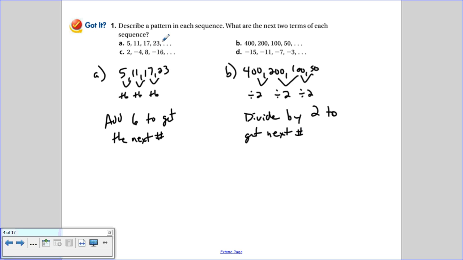So the next two numbers here, we're adding 6. That's 29 and 35. Here it's 25 and 12.5. Real quick, if you want to take a look at these, C and D, go ahead and pause the video right now and try to do those yourself.